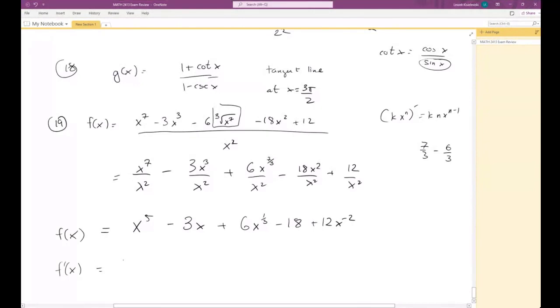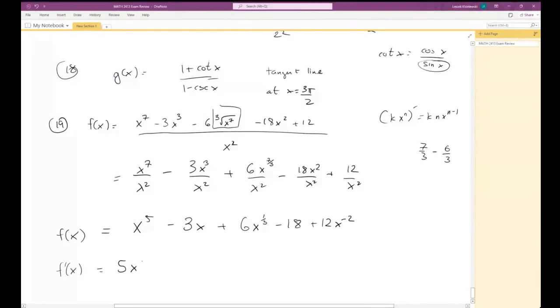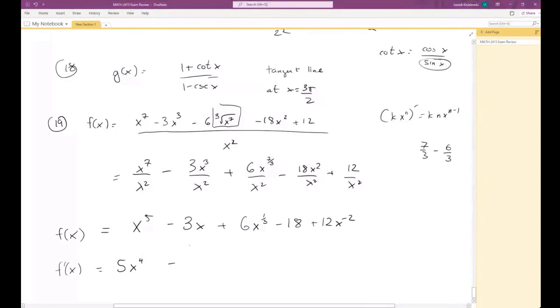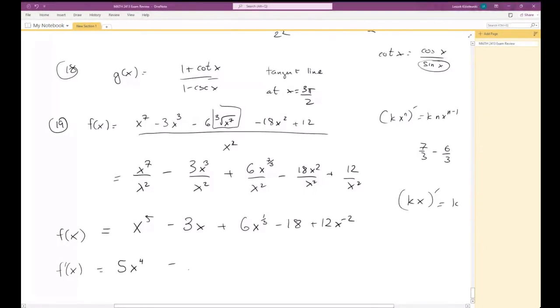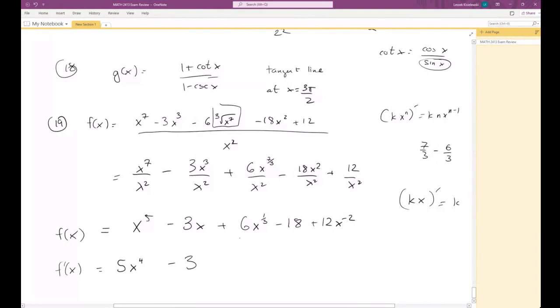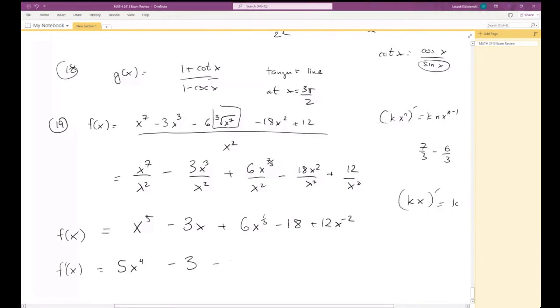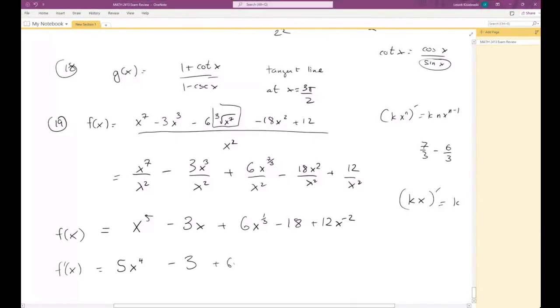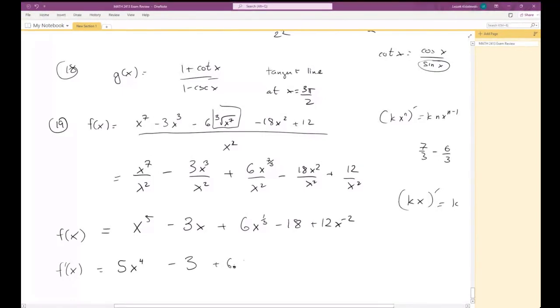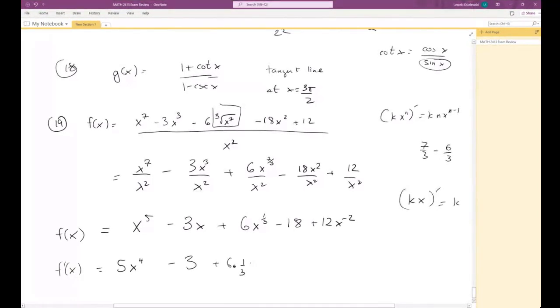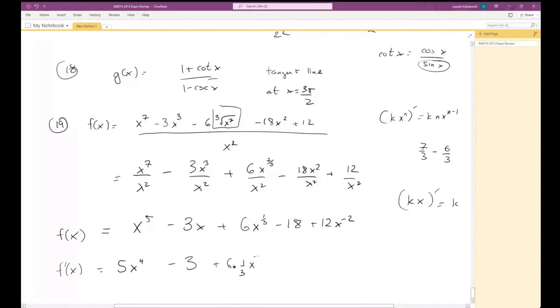So f prime, power rule. What's the derivative of a constant times x? Just the constant. And what about the next term? We have a constant that we leave alone, and then use power rule for the derivative of x to the power 1/3, and negative 2/3.